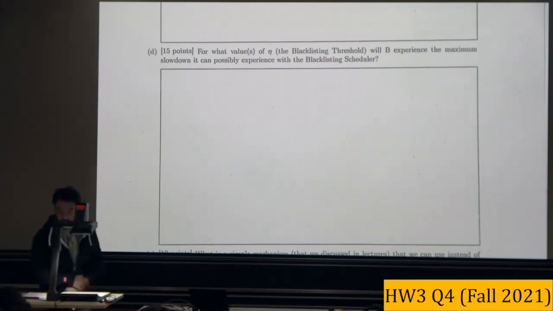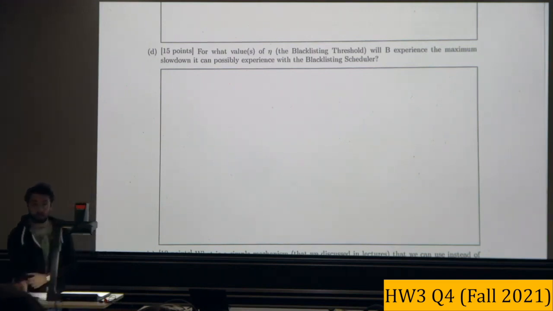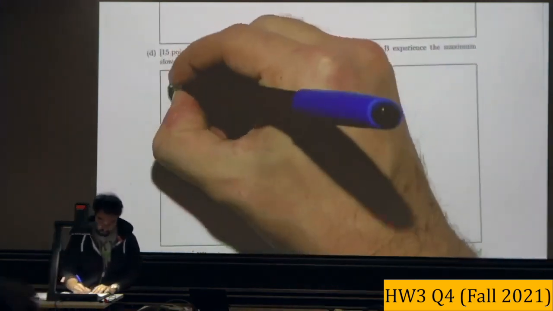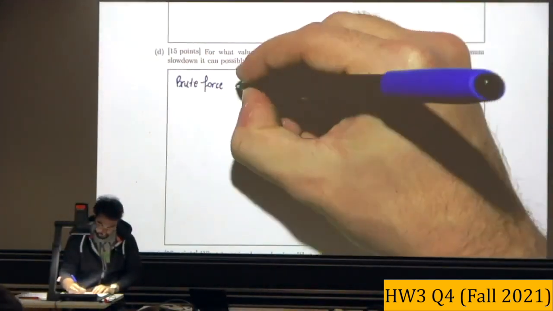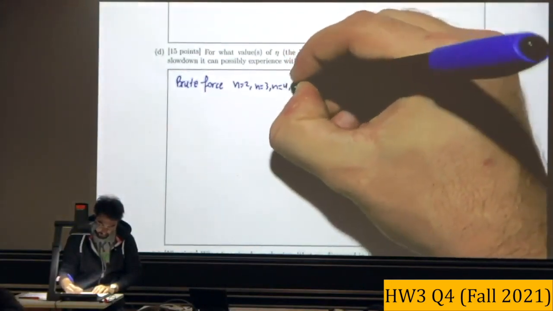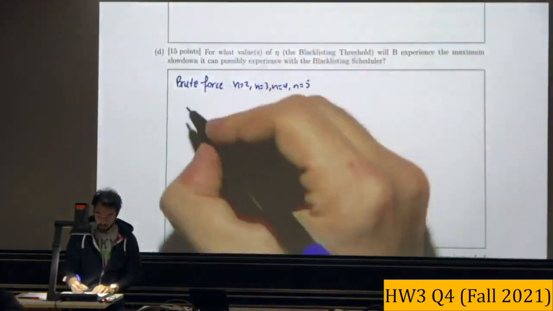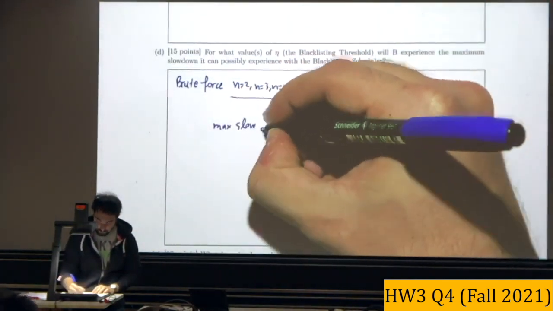So what you would do in this question, you would brute force n equals 2, 3, 4, and 5 to see what the slowdown is for each one of these numbers. You need to brute force n equals 2, n equals 3, n equals 4, and n equals 5 to see which of these gives the maximum slowdown.